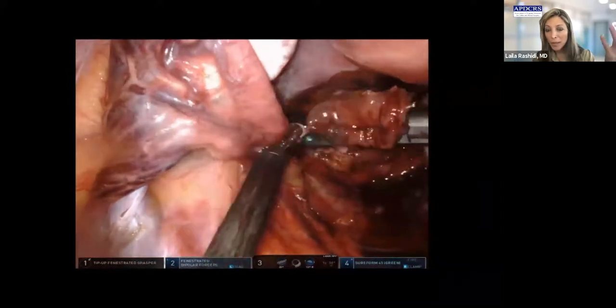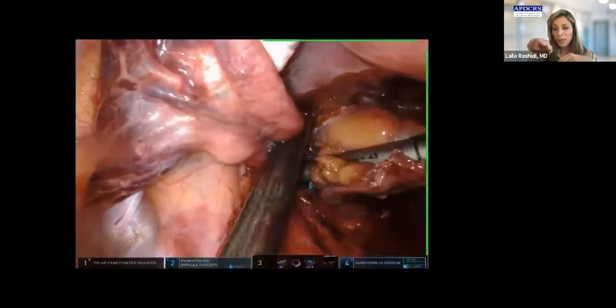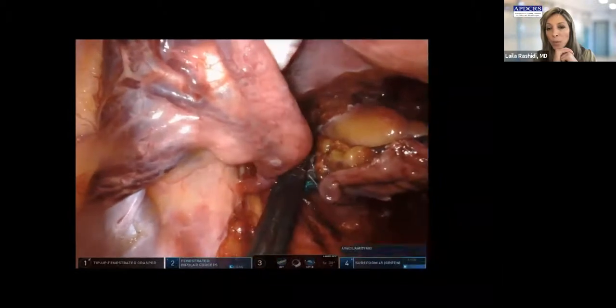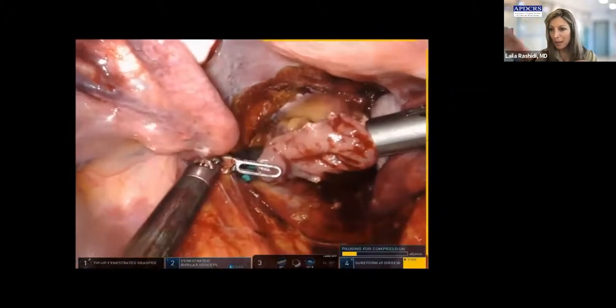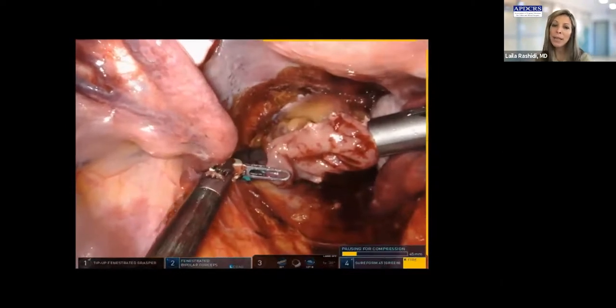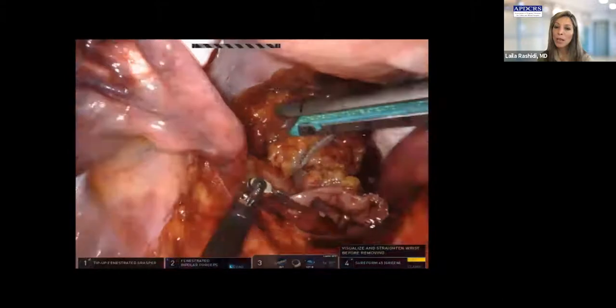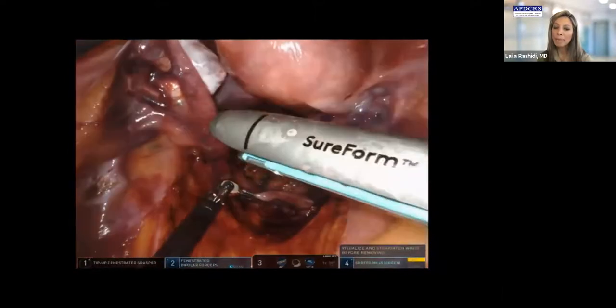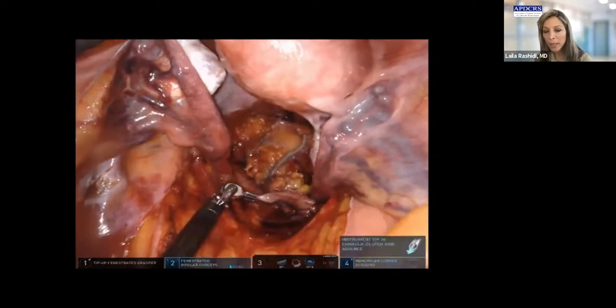Here we extracted the specimen and then pulled the small wound protector from the white portion, and my assistant grabbed it, and it comes out easily without any injury. And then I just divide that and pass it through our 12 stapler side, which comes out very easily.